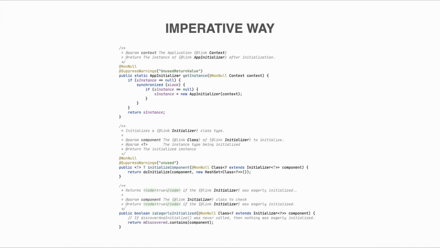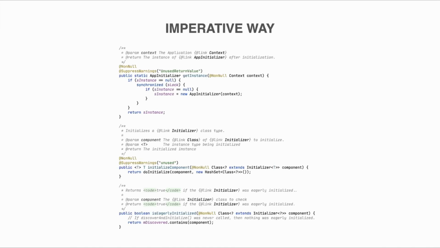Now, the imperative way is a little bit more complex, but there are actually only two public methods you should care about, besides the instance initializer. So you can see in this Jetpack code from Google that there is basically a singleton pattern here on the AppInitializer class, which is provided by the library too. And the two methods are basically just initializeComponent and isEagerlyInitialized.